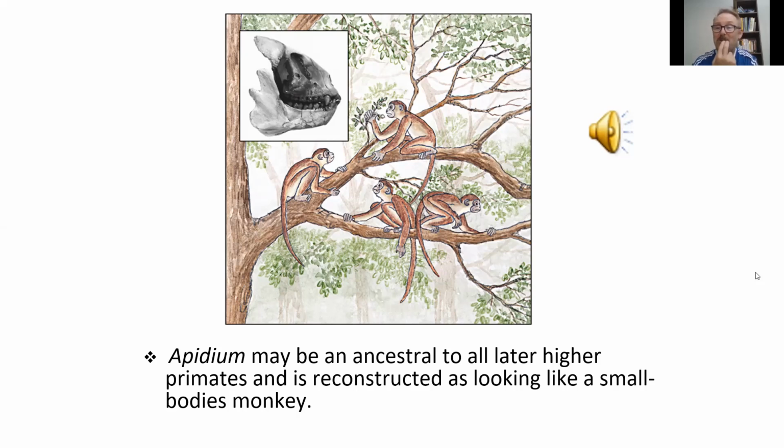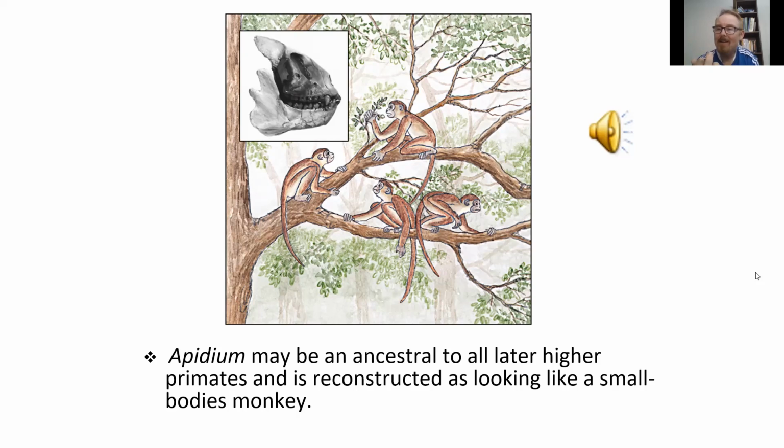I have 2 incisors, 1 canine, 2 premolars, and 3 molars. So what's the pattern? 2, 1, 2, 3. I share that with every ape on Earth right now, and I share that with every single Old World monkey, without exception. We all have the same dental formula.